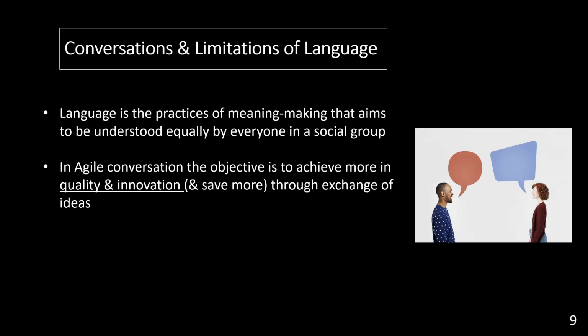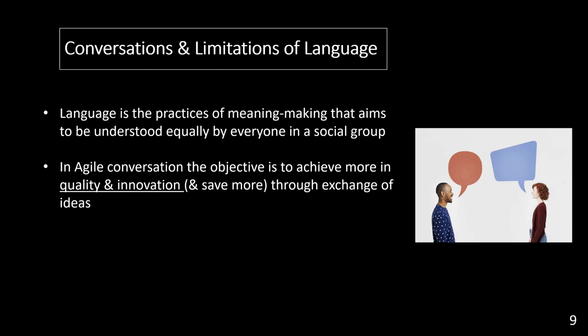In agile conversation, the objective is to achieve more in quality and innovation, with a stress on both words, and save more through exchange of ideas. This is based on the principle in the Agile Manifesto that face-to-face conversation will do wonders.